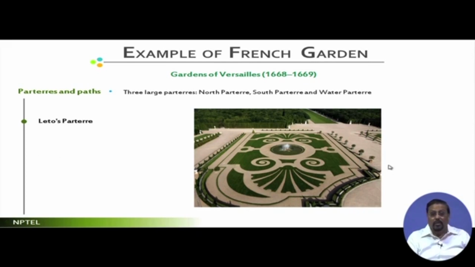Now, let us look at this example called Leto's pathway. If you look at this, this is one zone which is a pathway. This pathway has nice pavements, very ornamental pathways, very well crafted, well manicured and maintained green lawn. Of course, at the center there is a fountain. If you look at the whole thing, it looks like almost a very intricately woven carpet.